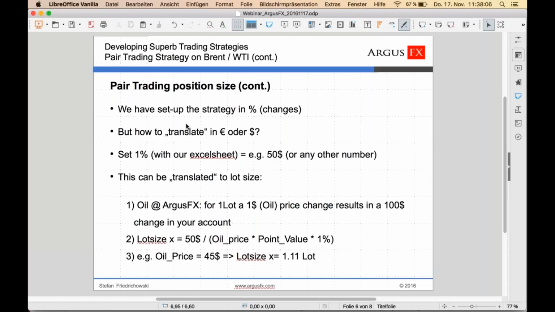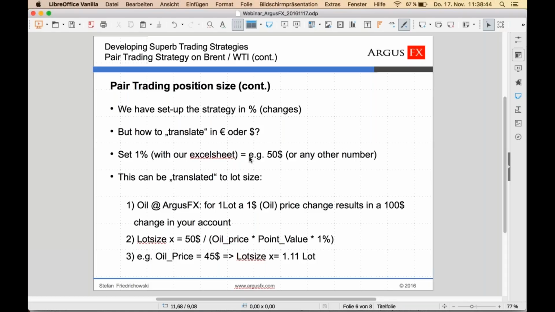The basic assumption now, in order to get that right, is that we do the first set. And what we do here is we set finally a 1% should equal a specific amount of dollars. You know that whenever you have a 1% change in an underlying and you trade that with maybe one lot, and you get finally a trade result of $25.